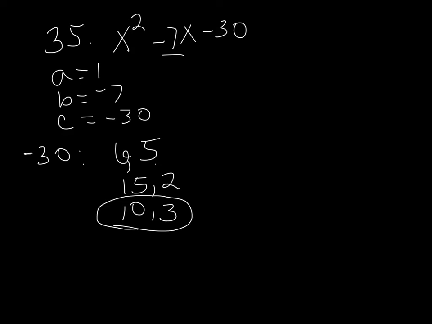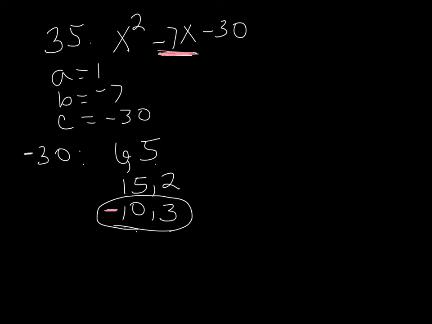One thing to note is that if your middle term here, meaning the negative 7, when you're looking at your factors here, the number with the largest absolute value will have the sign of your middle term. So here, I know that this is going to end up being a negative 10 because I want this up here to be negative.